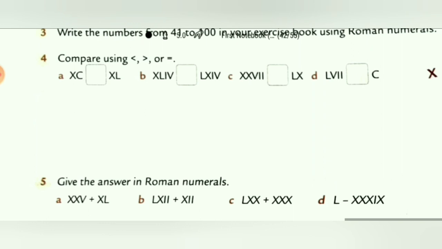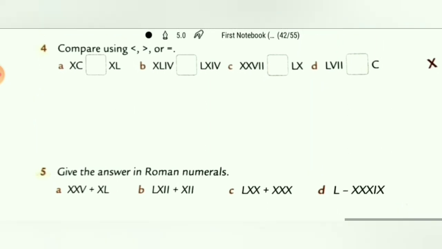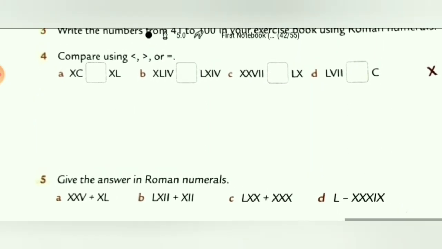Next, compare using greater than or equal sign. See on your screen. C represents 100. But a smaller number is before it, it means 100 minus 10 is 90. And this is L. L means 50. Before that, a smaller number is there.